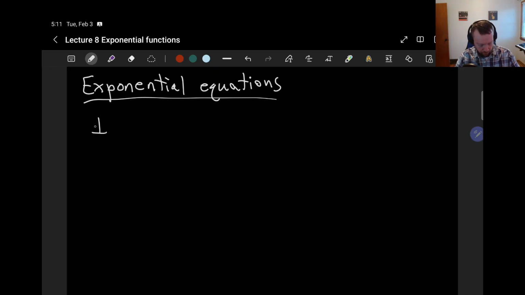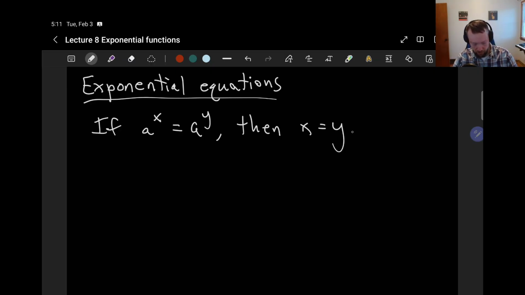Here's the main trick. If I have a common base on both sides like this, then that means the powers must be equal. And this is, of course, assuming the normal things about this a, positive and not equal to 1.